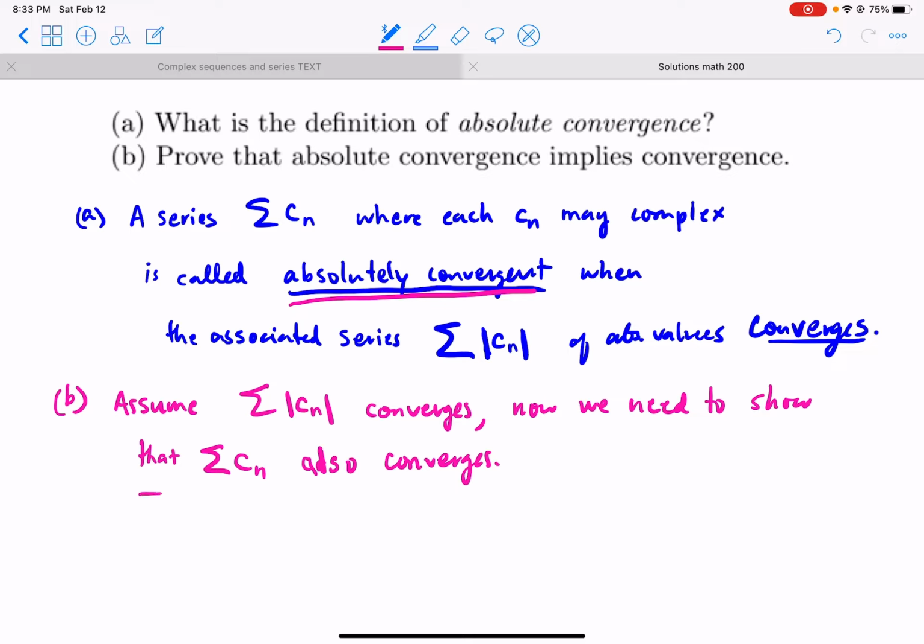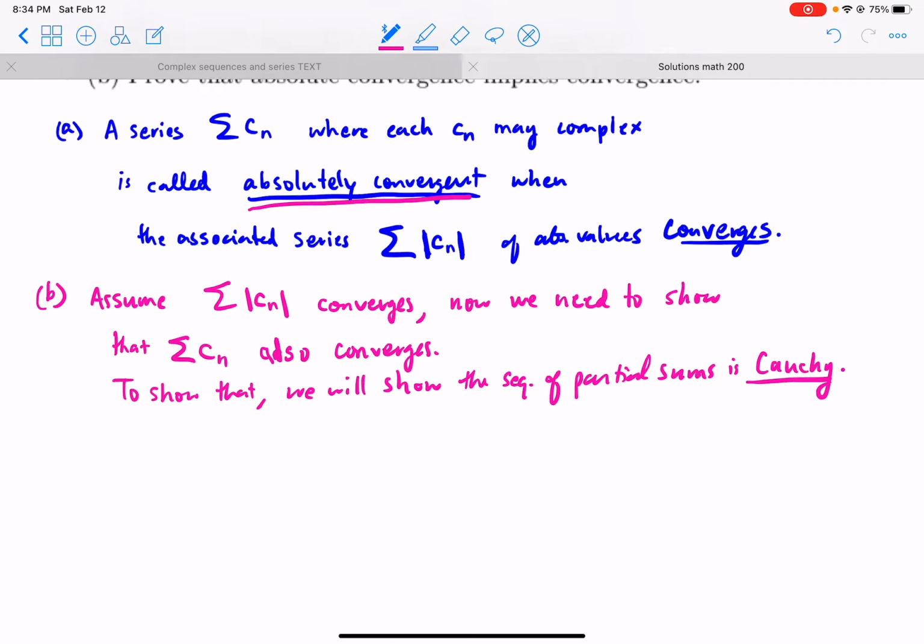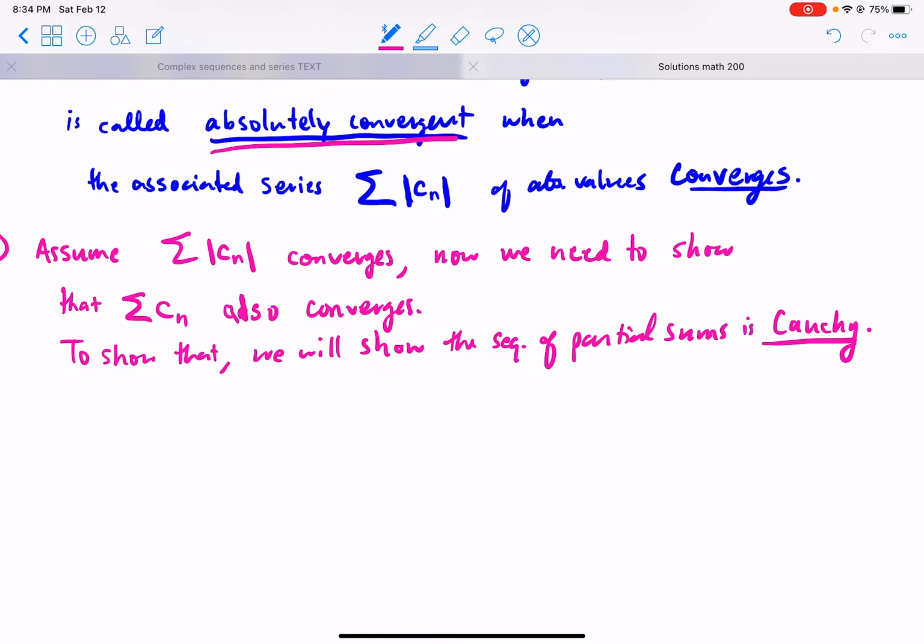Okay, so to show that, we will show the sequence of partial sums converges. And actually, if we show it's Cauchy, then it automatically converges by a previous result: Cauchy sequences converge.